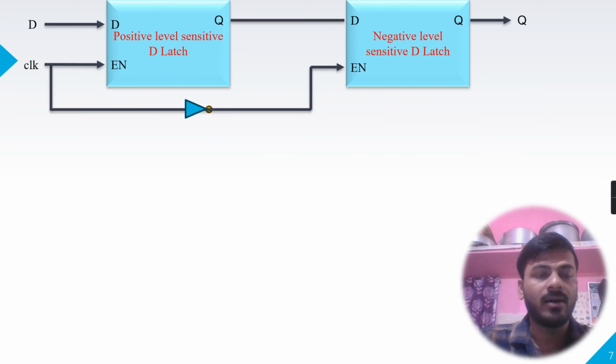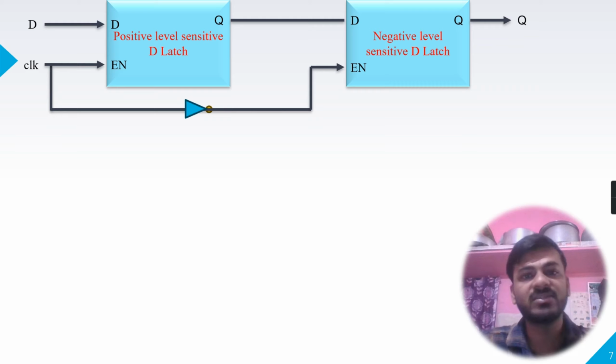Okay. Similar to positive edge triggered D flip-flop, we can design a negative edge triggered D flip-flop by using positive level sensitivity latch with negative level sensitivity latch in cascade.